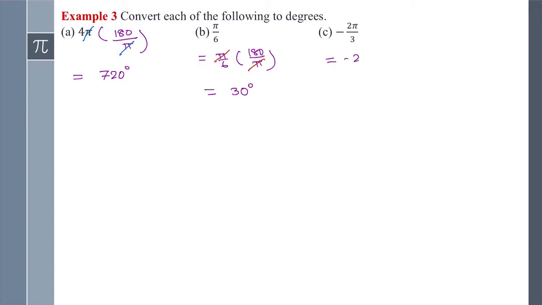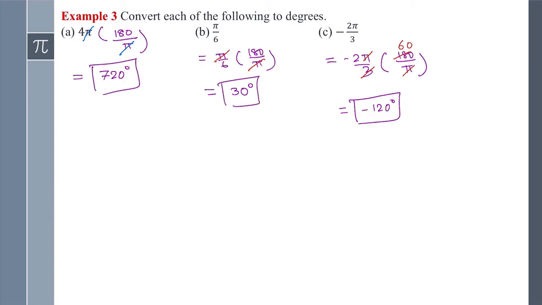Similarly, negative 2 pi over 3 times 180 over pi. Now we can cancel out pi and pi, and then 3 goes 60 times into 180, and that gives us negative 120 degrees. So this is how we convert between degrees and radians.